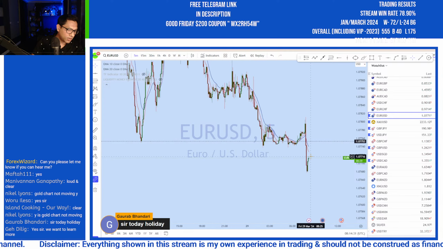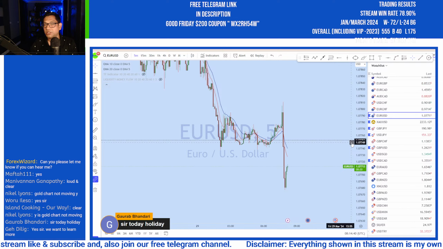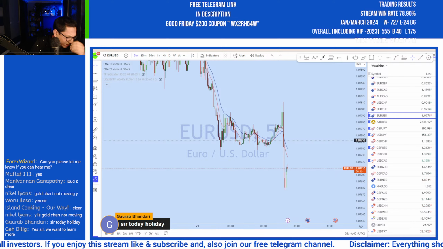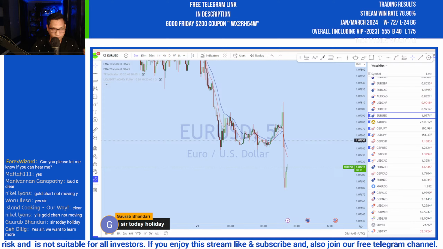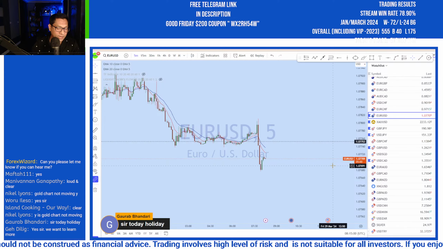Okay, so this is what I try to focus on mostly, because when you look at the market from the perspective of the institutional trader, that's where you can see the real movement in the market.